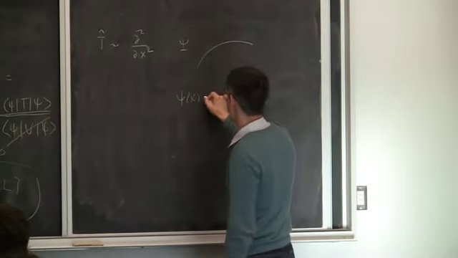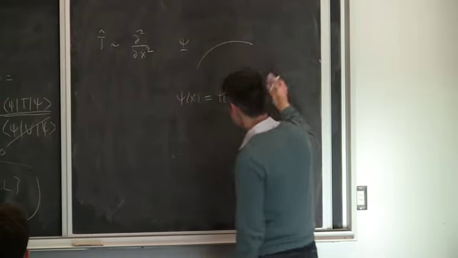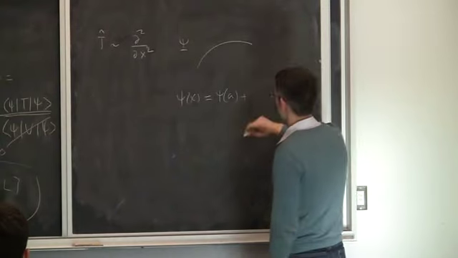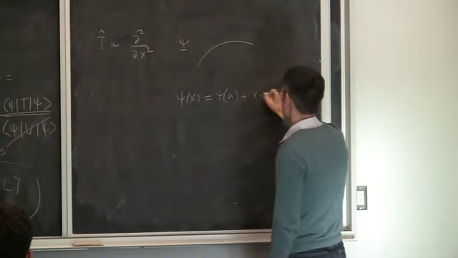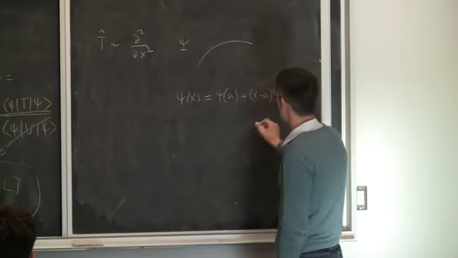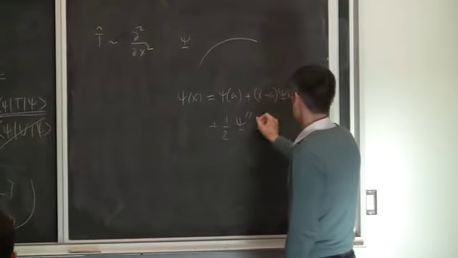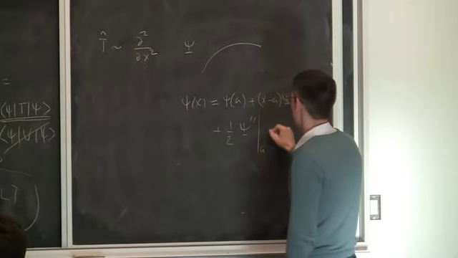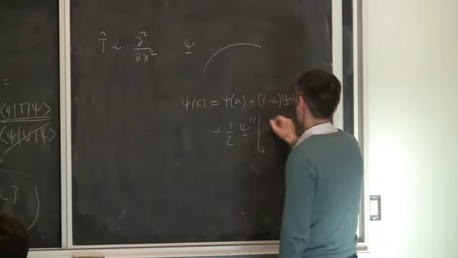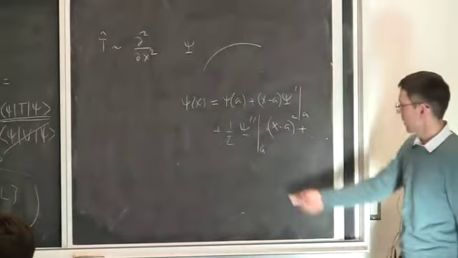If we expand psi of x in the Taylor series around some constant a, there will be a linear term, x minus a, psi prime at a, plus 1/2 the second derivative at a multiplied by x minus a squared, and so on and so forth.